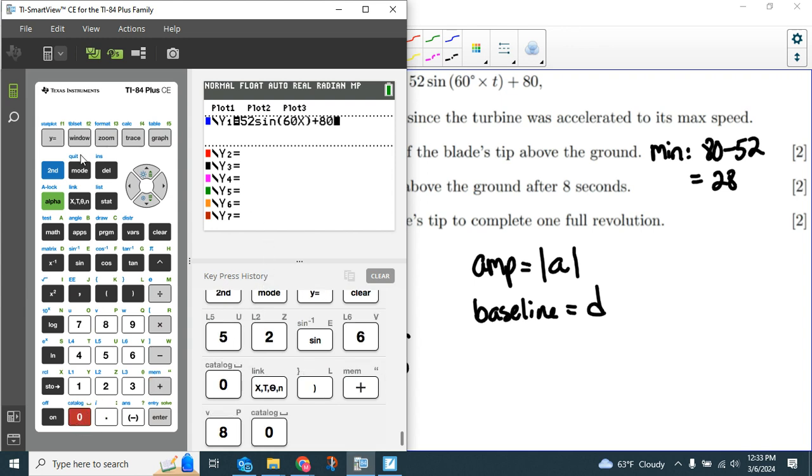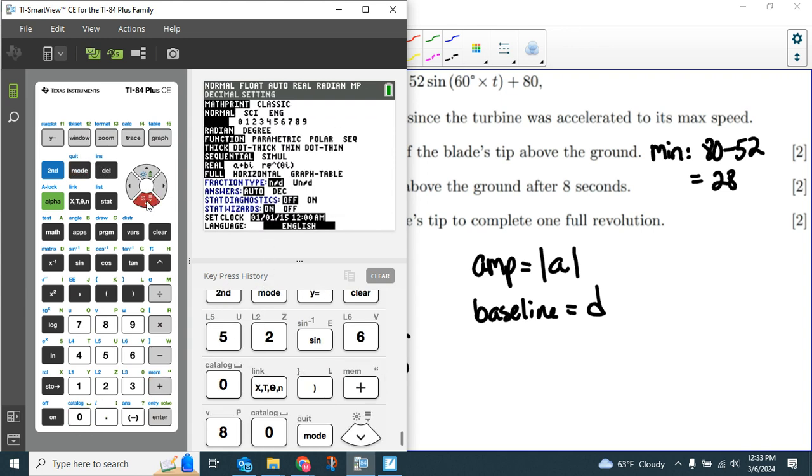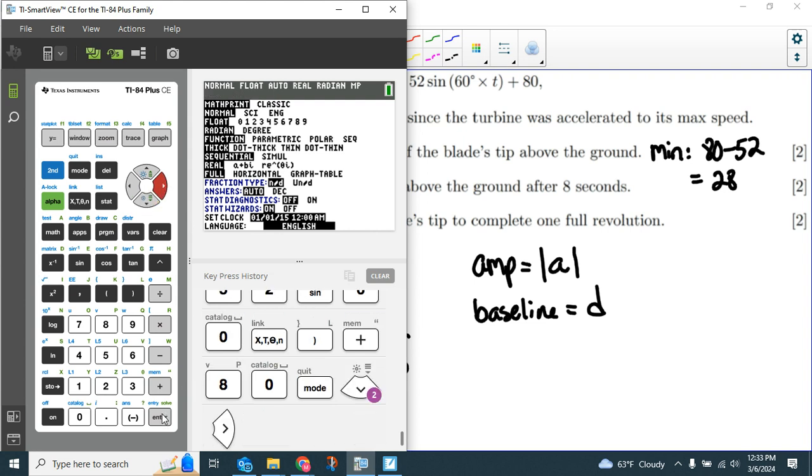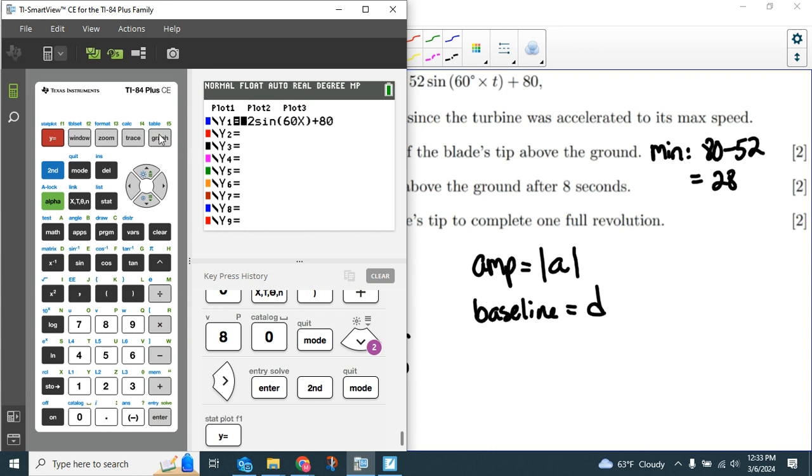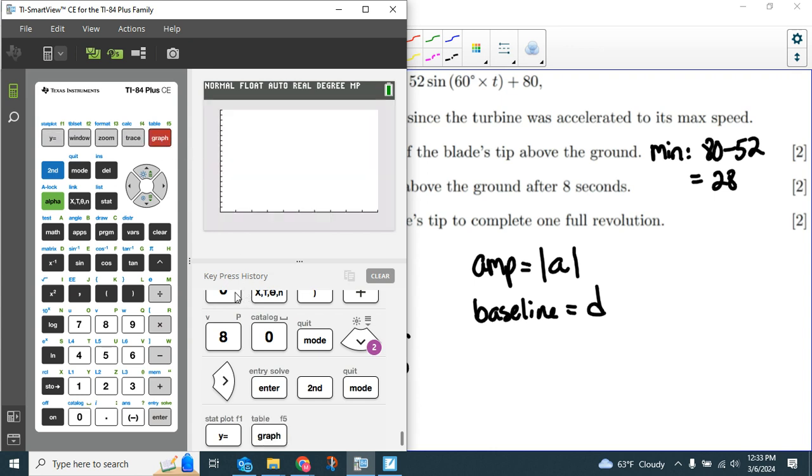Of course, I want to make sure I'm in degree mode, which I am not. Graph this thing. We're going to have to get a totally different window here. So we will go to my window.